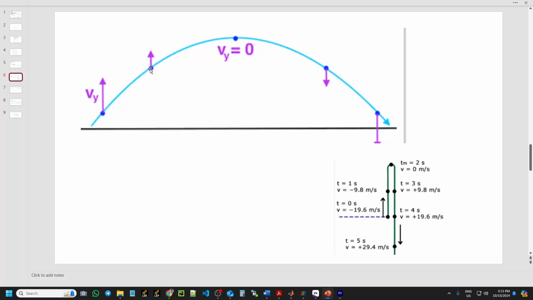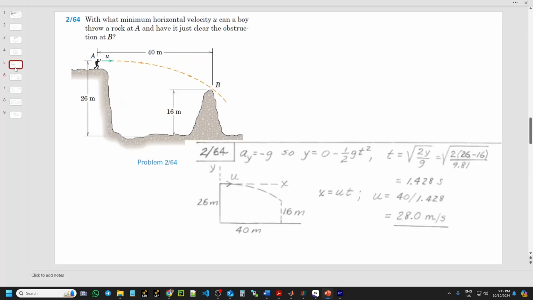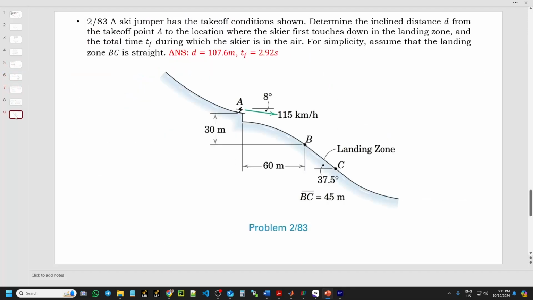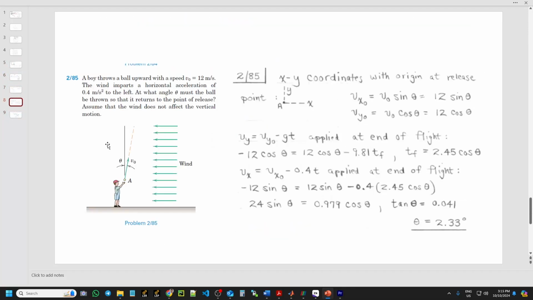So at this point and this point, we have opposite directions but the same magnitude. Okay, remember this. And again here, based on symmetry, vy at this point is opposite of this point. For example, if this is 10, it will be minus 10 at this point. Because of this, when it goes up, it will reach 0 and then it comes back.